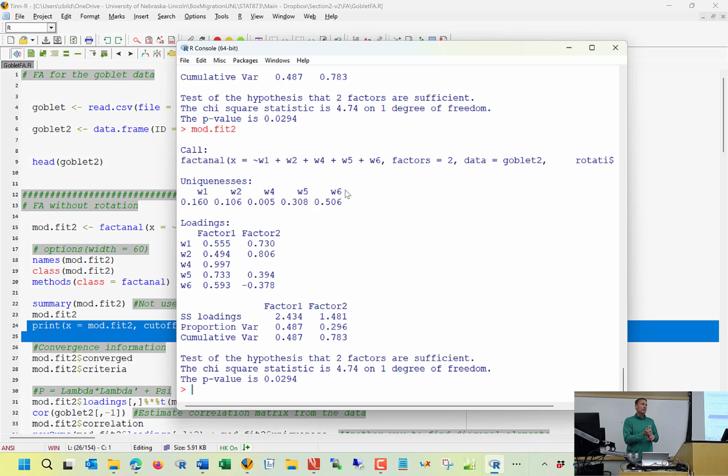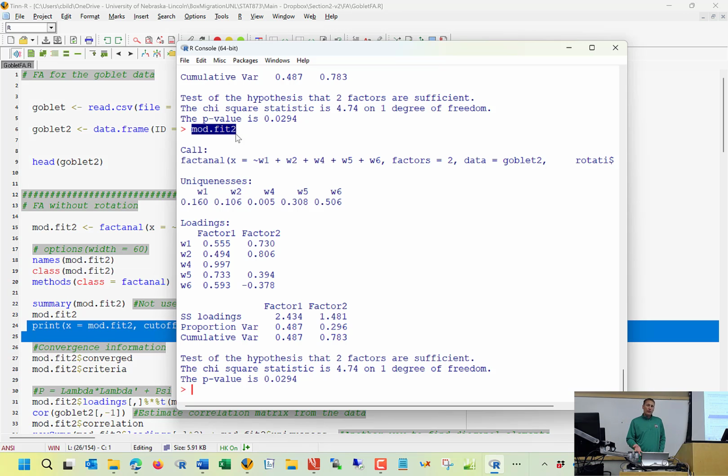And it will automatically implement that. So even if I type mod.fit2 here, what R is going to do is look, is there a print function? And if there is, it's going to actually implement it and run it. It's just kind of a weird way that this is how R works.